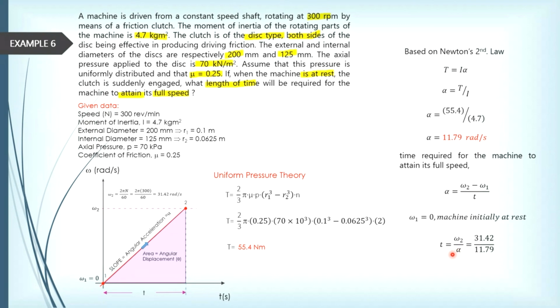From this you will be able to find the last part of the question, which is 2.66 seconds. That is the time required to attain full speed, from 0 radians per second to 31.42 radians per second.